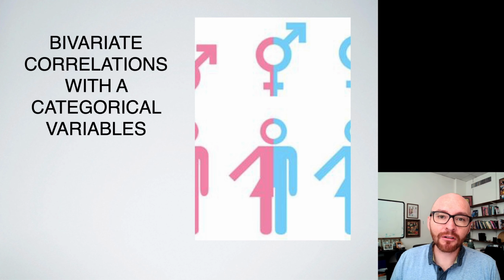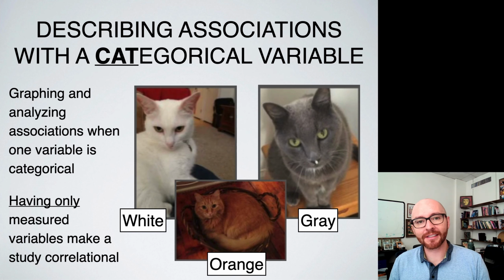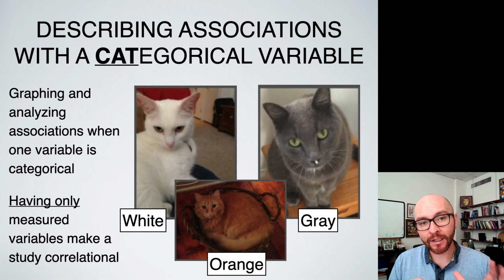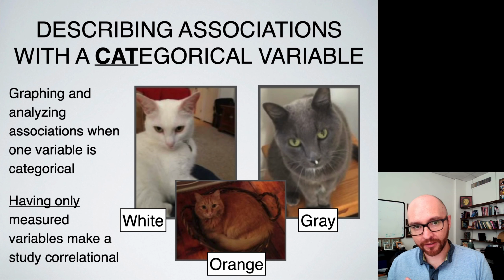Okay, so now dealing with bivariate correlations with categorical variables. Let's go over this example. In these kinds of bivariate correlations, you're describing relationships with one quantitative variable and one categorical variable.